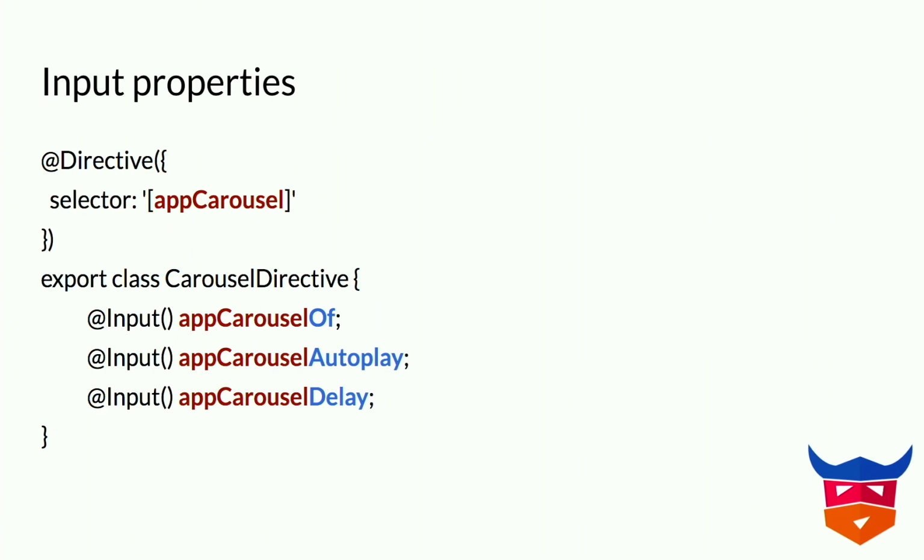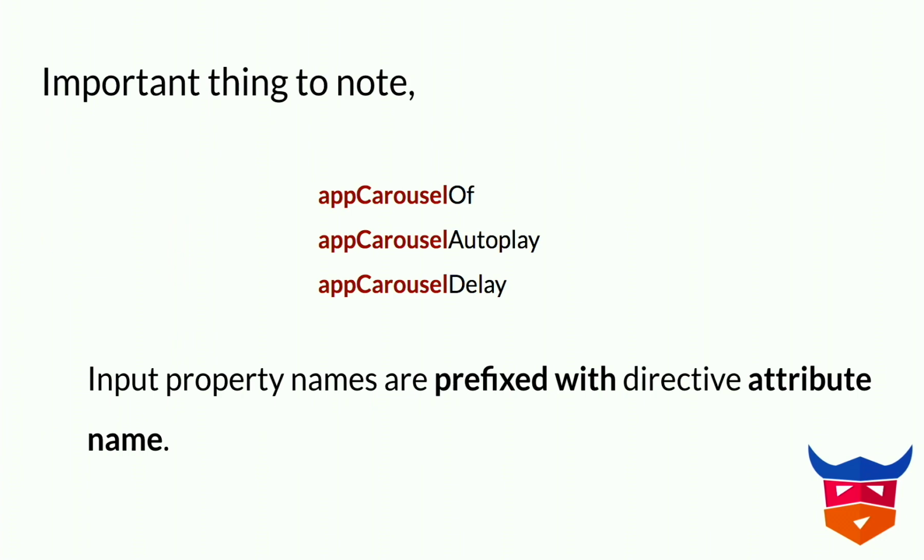So we would add any input properties that allow the structural directive to be configurable. With the example of a carousel, the compulsory thing we need is what this is a carousel of, but then we can also have input properties to say if the autoplay should be on and what the delay should be.